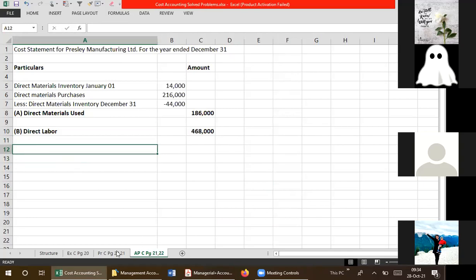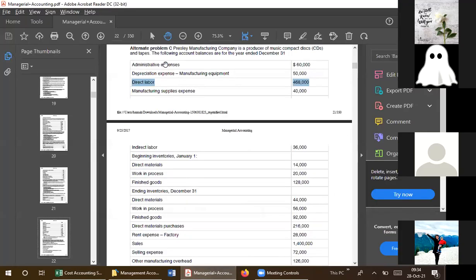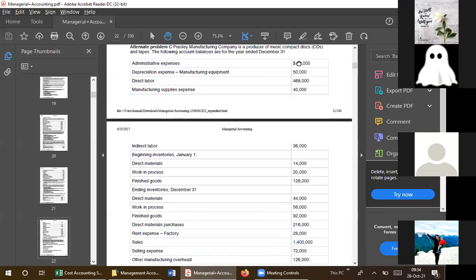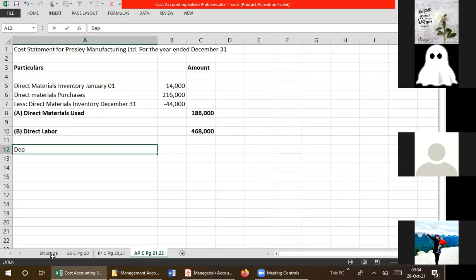Next, we will have manufacturing overheads, all which we can find. So administrative expense is not a manufacturing overhead. It is an operating expense. Depreciation expense on manufacturing equipment is a manufacturing overhead. So depreciation expense on manufacturing equipment.